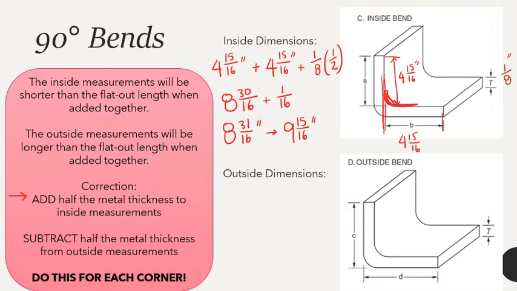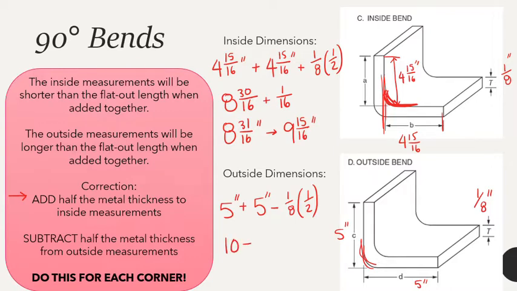If we measured the same piece of metal or plate on the outside dimensions, maybe we found that we got 5 inches for C and 5 inches for D. And our thickness is still 1/8 of an inch. So in this case, you take the arm lengths, your 5 inches, much easier math, plus your 5 inches, and instead of adding 1/2 the thickness, because this should be longer than we thought it would be, we are going to subtract 1/2 the thickness.